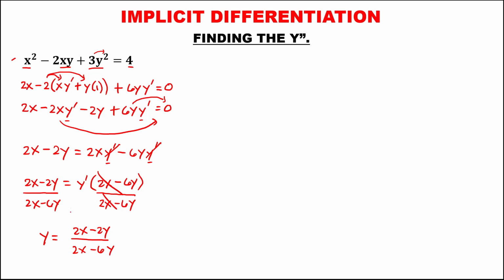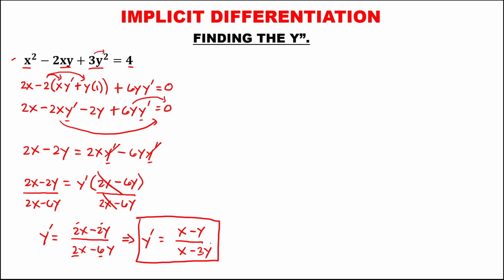Then observe, since these numbers are divisible by 2, we need to reduce. Therefore, the first derivative is equal to x minus y over x minus 3y. So this is now the first derivative.